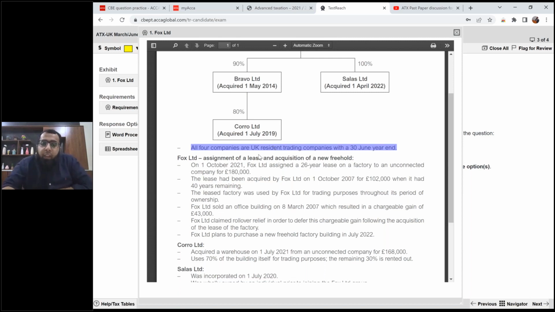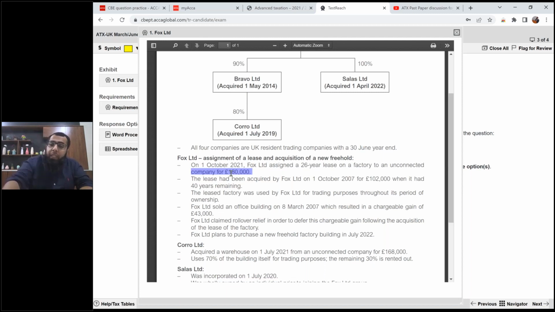Okay. Fox Limited assignment of lease and acquisition of a new freehold factory. On 1st October 2021, Fox Limited assigned a 26 years lease on a factory to an unconnected company for 180,000. This means it disposed of a lease.